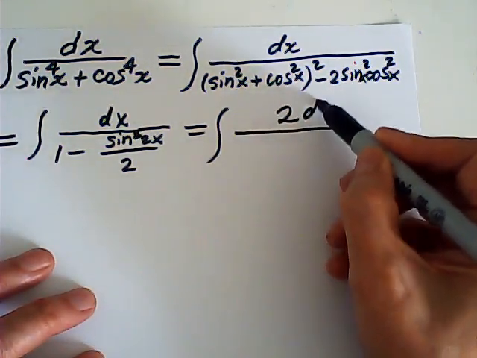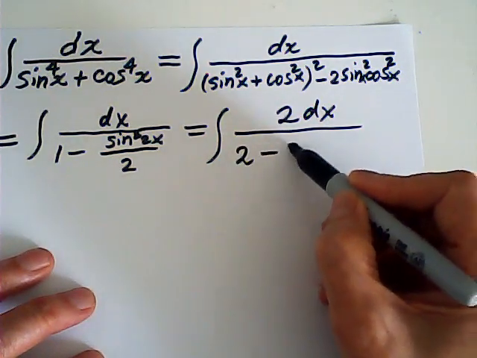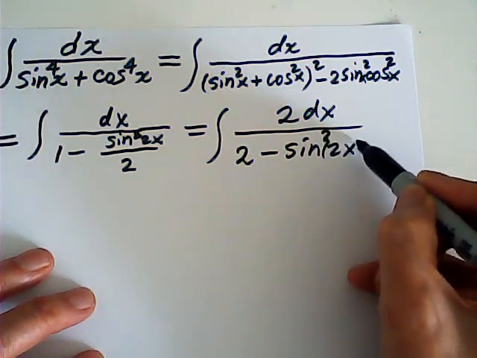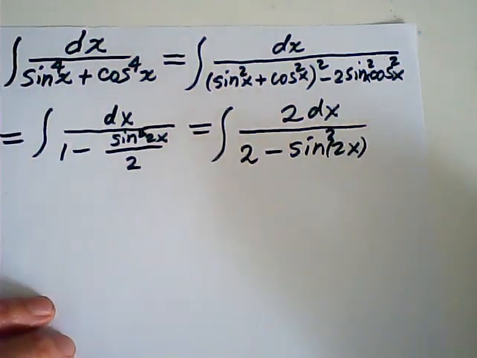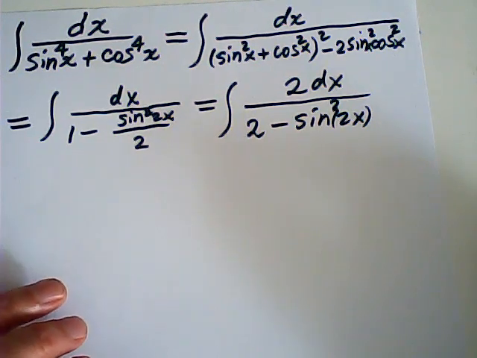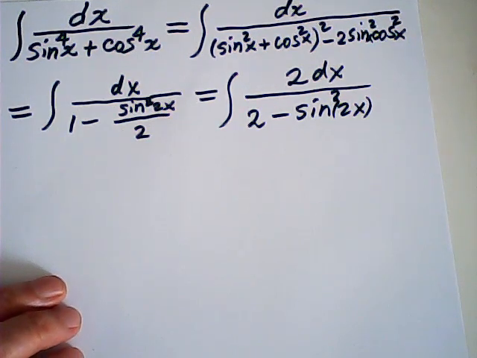See, there's 2 dx. Let me write it bigger. This is 2 minus sine square 2x. Well, that's better. Okay, good. What then?